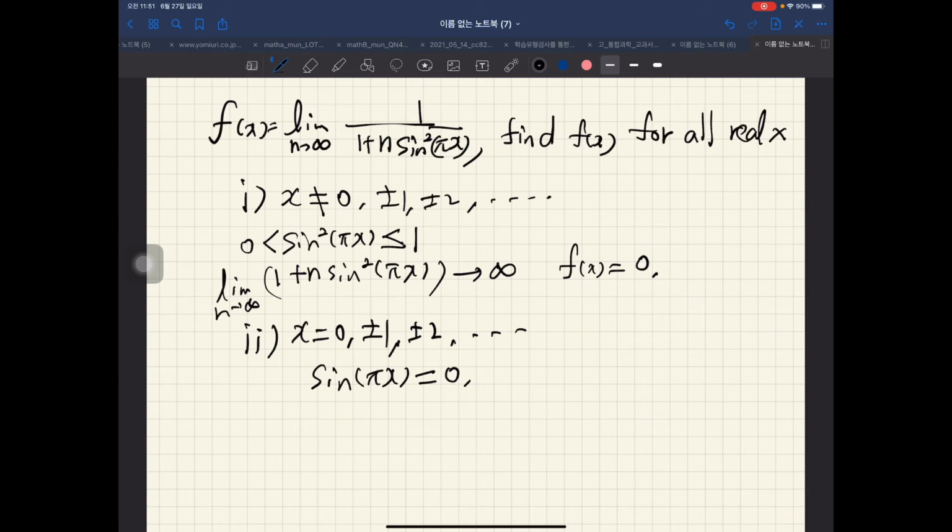So whatever n is, when we multiply n by 0, it remains just 0.